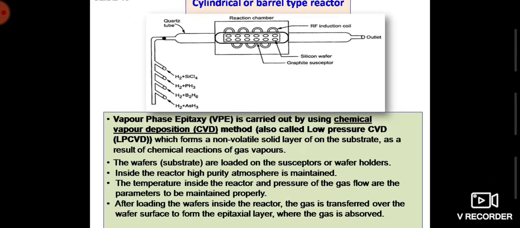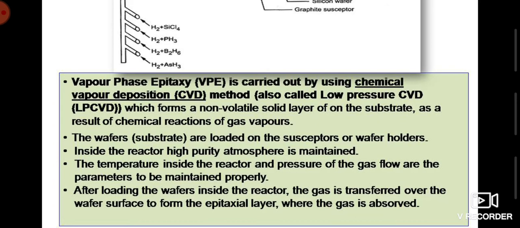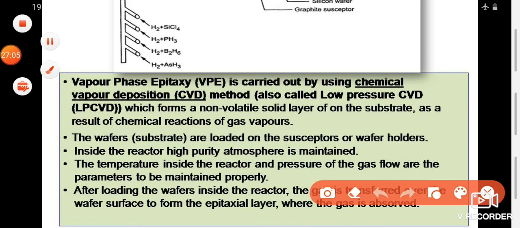Vapor phase epitaxy, VPE, is carried out by using the CVD, chemical vapor deposition technique, which is a low pressure technique. So CVD is also called LPCVD, that is low pressure CVD, which actually forms a non-volatile silicon solid layer on the substrate surface as a result of different chemical reactions of the gas vapors.